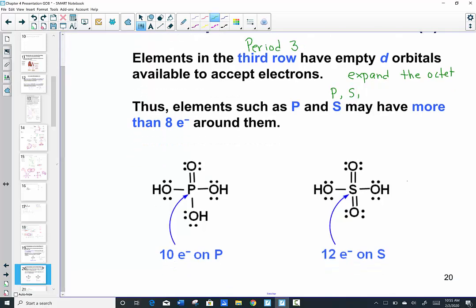If I look at the phosphorus electron configuration, 1s2, 2s2, 2p6, notice now I'm into the 3rd energy level, 3s2, 3p3. The 3rd energy level does have d orbitals. We know that it has d orbitals, but they're unoccupied for the phosphorus element. But they're available to expand the octet.